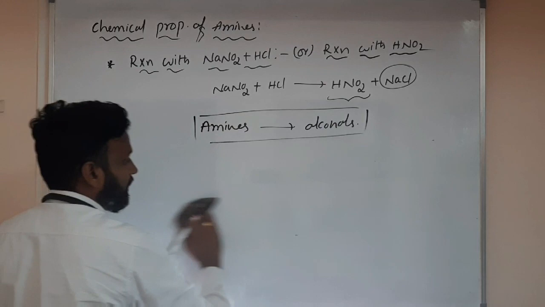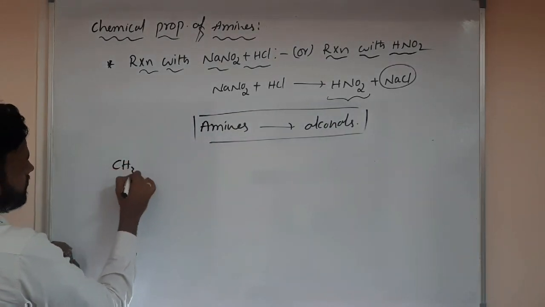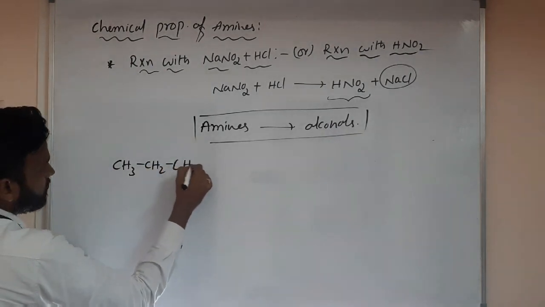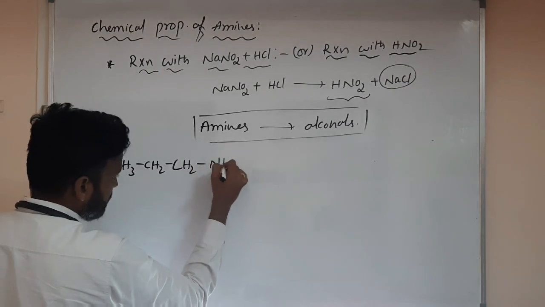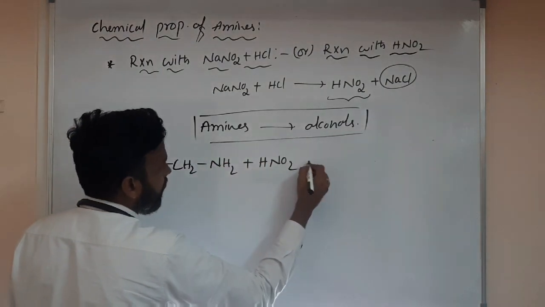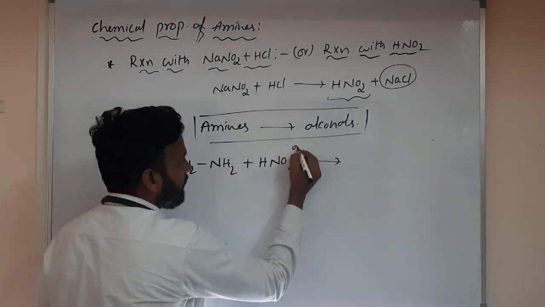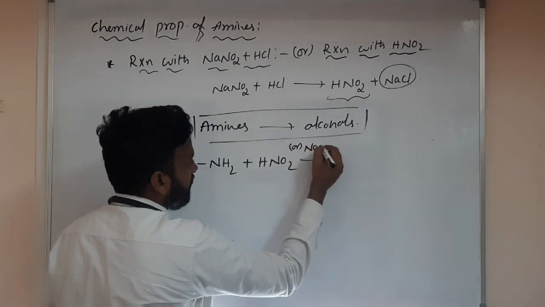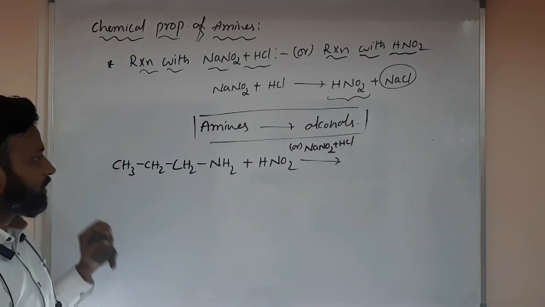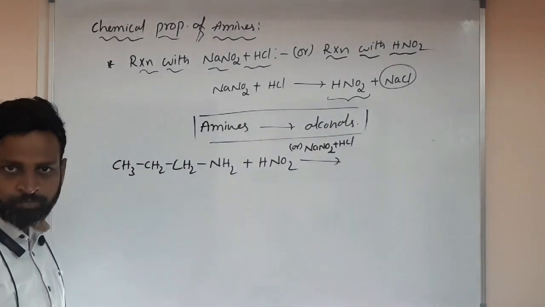If you take propylamine, so CH3, CH2 and one more carbon, CH2, NH2, and they give HNO2, or else they give NaNO2 plus HCl. So HNO2 will react. In place of NH2, OH will come, we think.